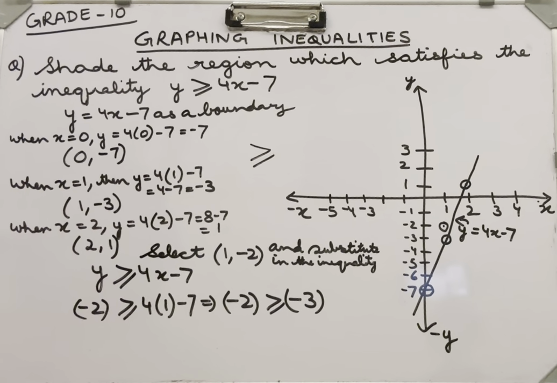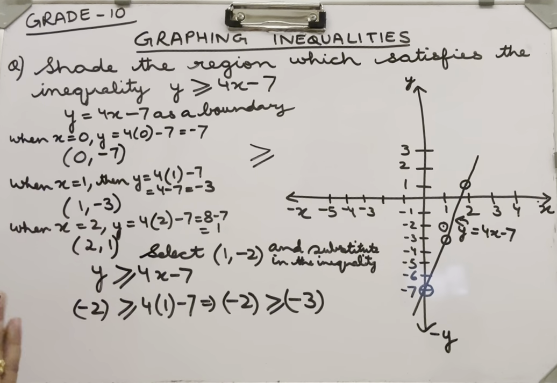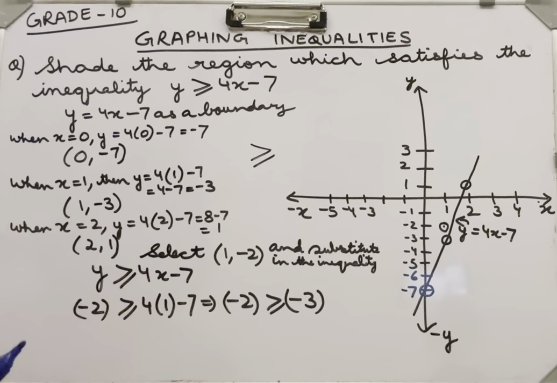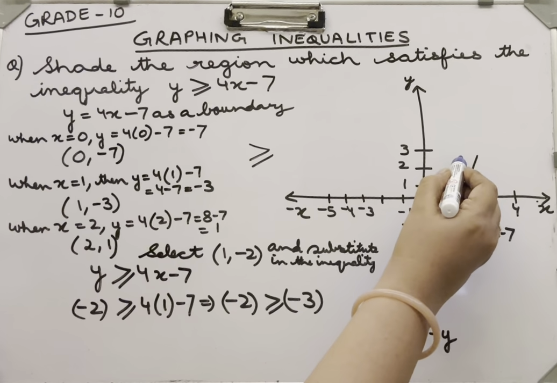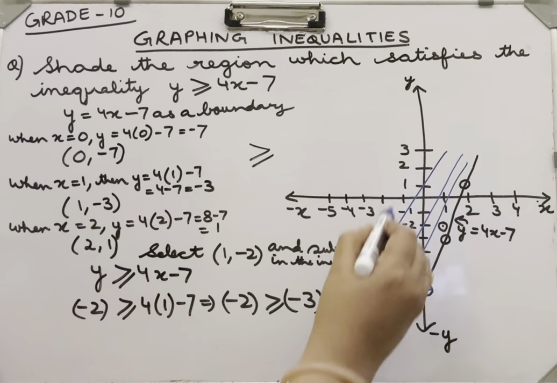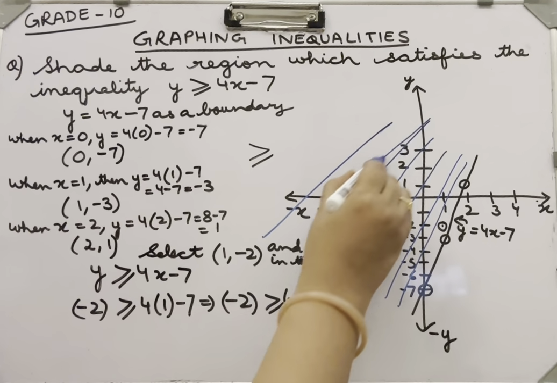Now this statement is true because minus 2 is greater than minus 3, and it will be true for any point on this side of the line. Hence, this part of the line should be shaded. So my answer lies in this region, this part, which satisfies the inequality, the whole of this part.